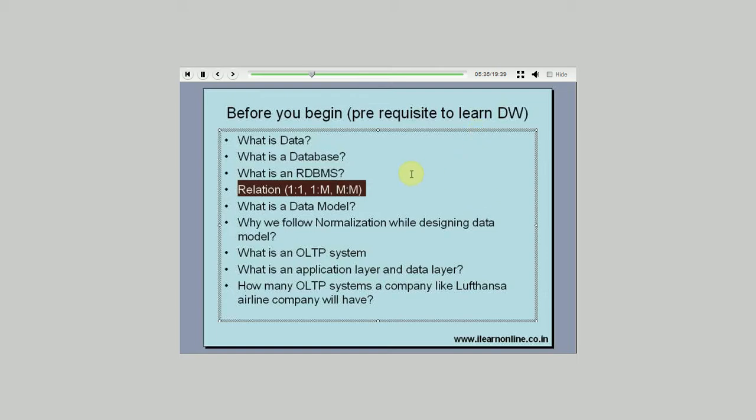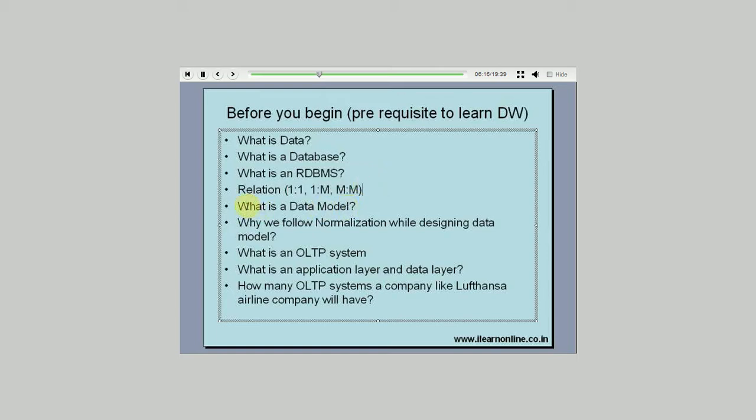So the relationship between customer and employee in this case is a many-to-many relationship. There are three types of relationships: one-to-one, one-to-many, and many-to-many. Only an RDBMS supports all three kinds of relationship between the entities.